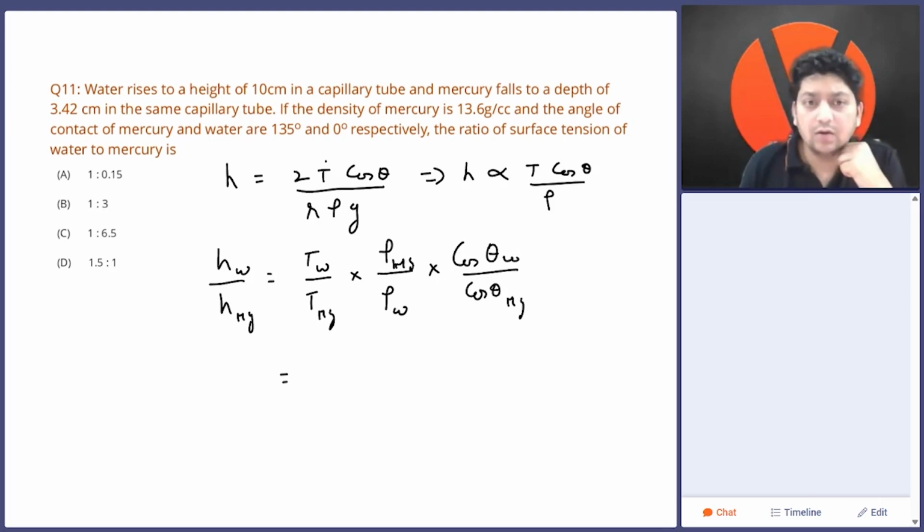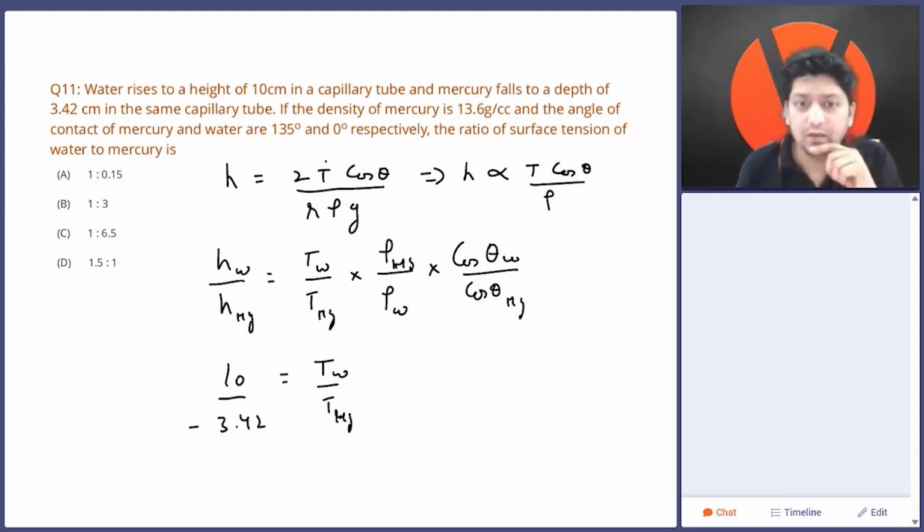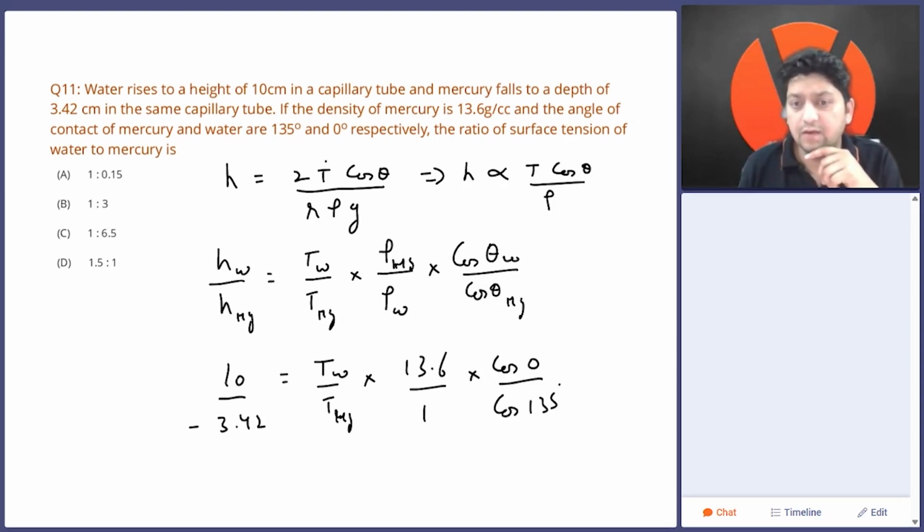Height of water column which rises in the capillary is 10 centimeters, so this is 10 and this is 3.42, with negative sign. We can put surface tension of water and surface tension of mercury. We need to figure out this ratio. Density of mercury is 13.6 times the density of water, into cos of 0 and cos of 135.